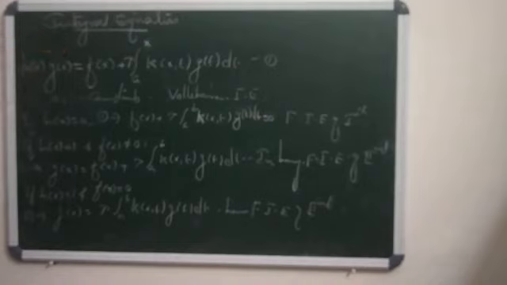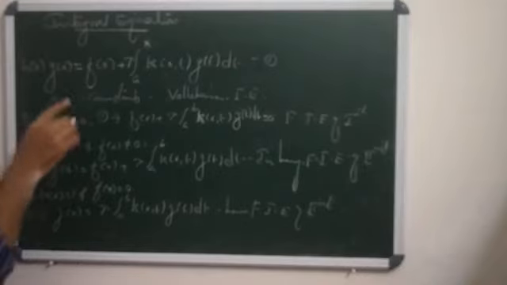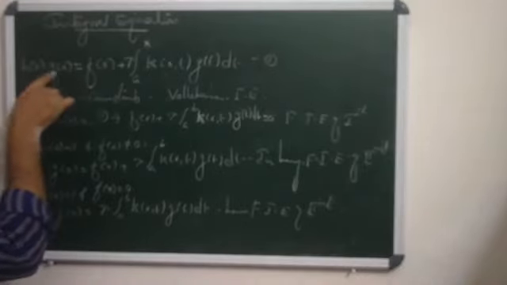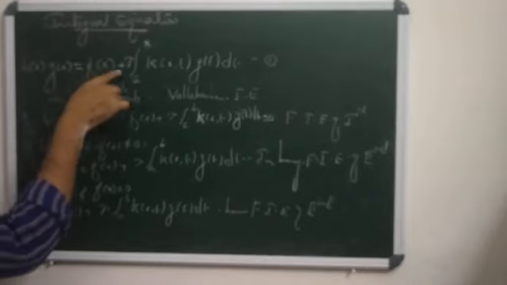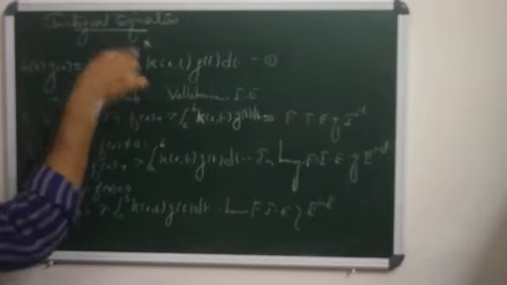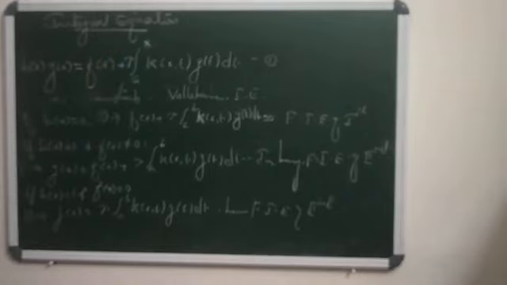If the lower limit a is a constant as well as the upper limit b is a variable, suppose it is x, then this integral equation h(x) g(x) equals f(x) plus lambda times the integral from a to x of k(x,t) g(t) dt is known as a Volterra integral equation.